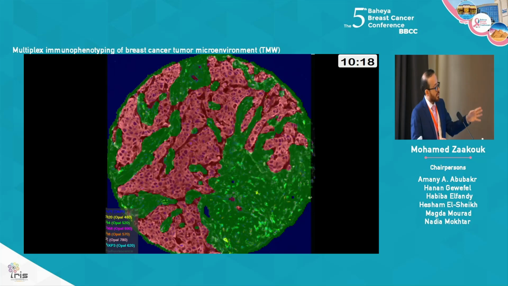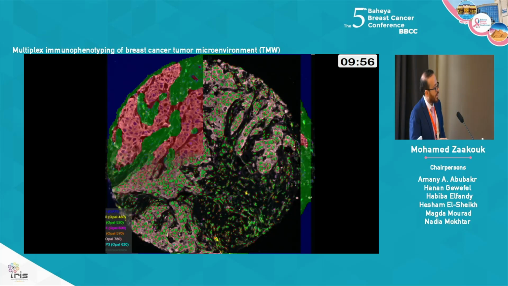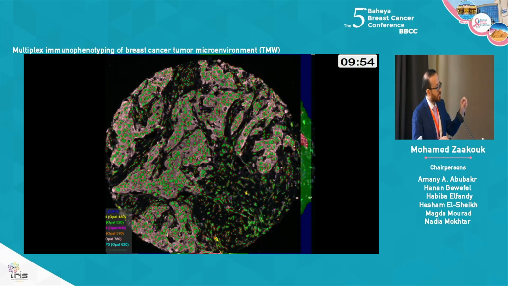Then training the tissue segmenter, which is a machine learning aided program, you teach the software that, for example, this area is tumor, this area is stroma, and we repeat this many times till we find the software has done its best to delineate these tissues. And then this is the cell segmentation.